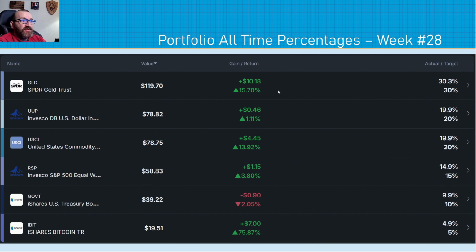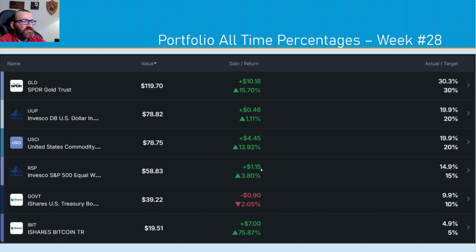So we have our gold position, all-time position up 15.70% for a market gain of $10.18. We have our US dollar position up 1.11% for a market gain of 46 cents. It's almost like it barely moved. We have commodities position up 13.92% for a market gain of $4.45.